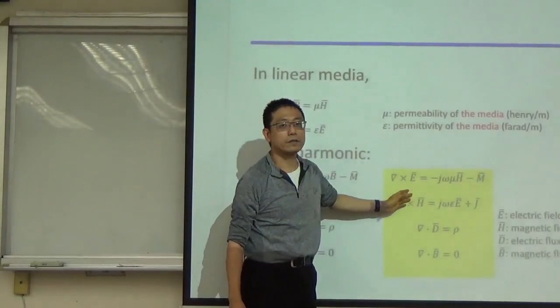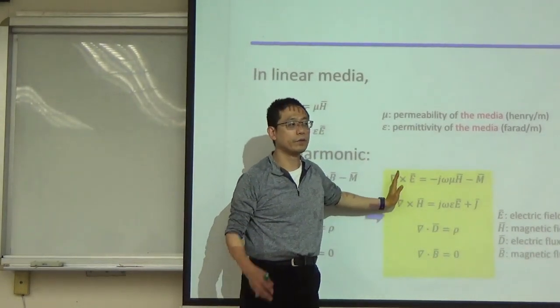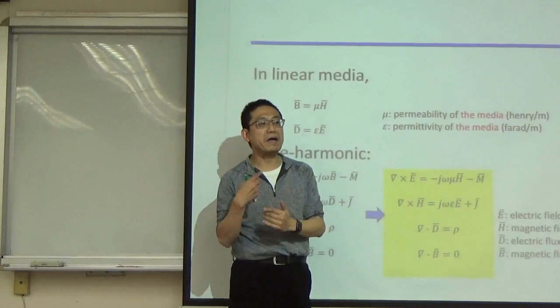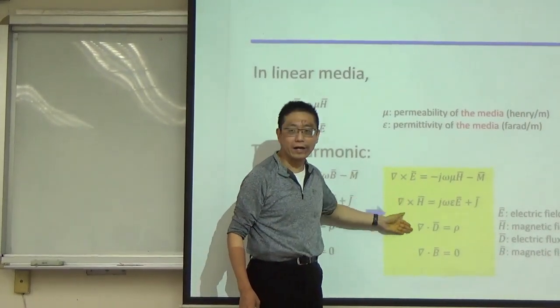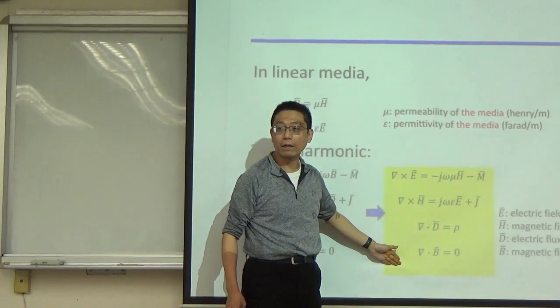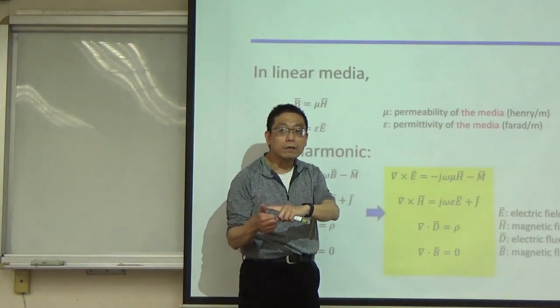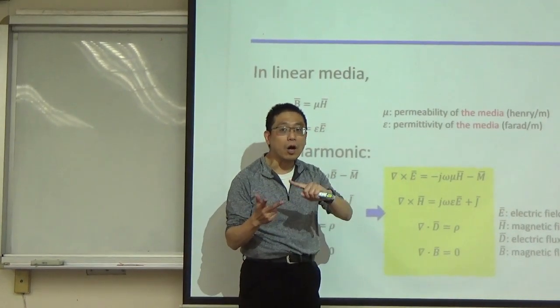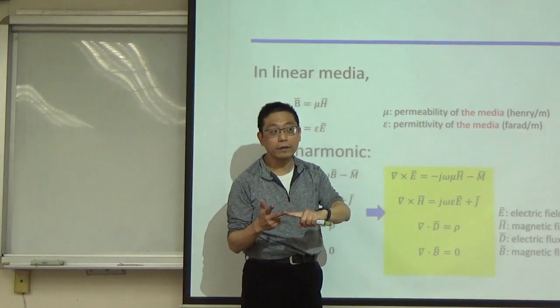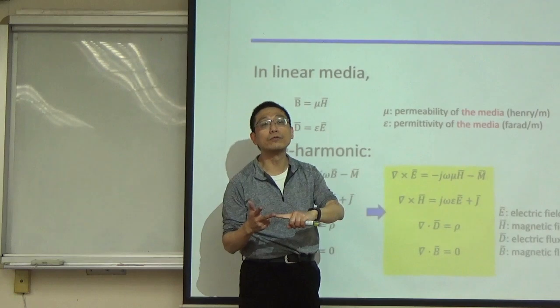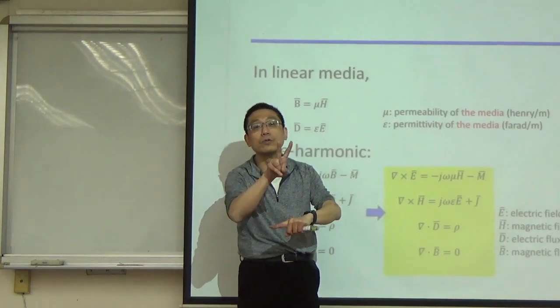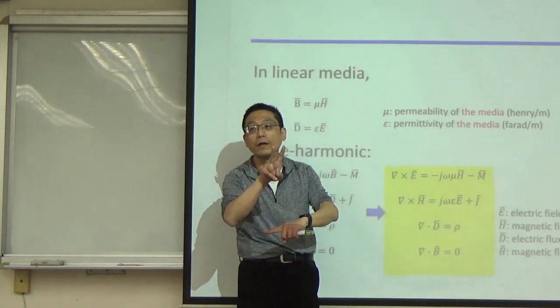You can see what happened here. We think about it, trying to understand what they are talking about. Faraday's law, Ampere's law, Gauss's law, right? Remember, there are three to four laws because there are two Gauss's laws.